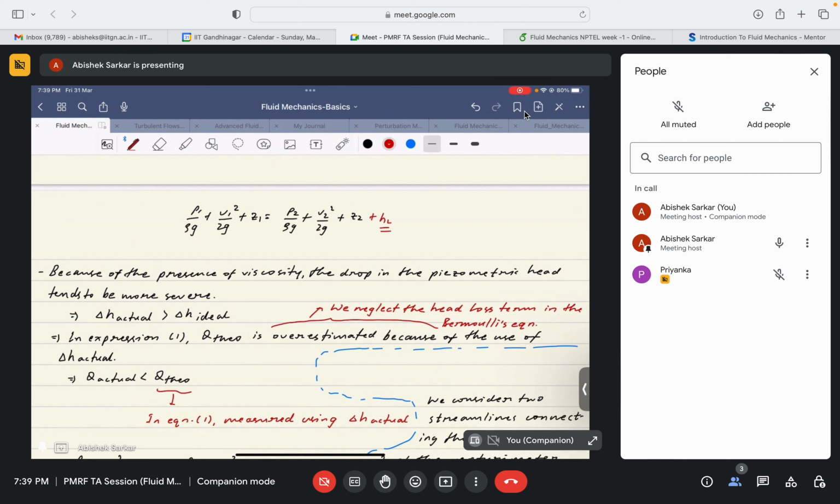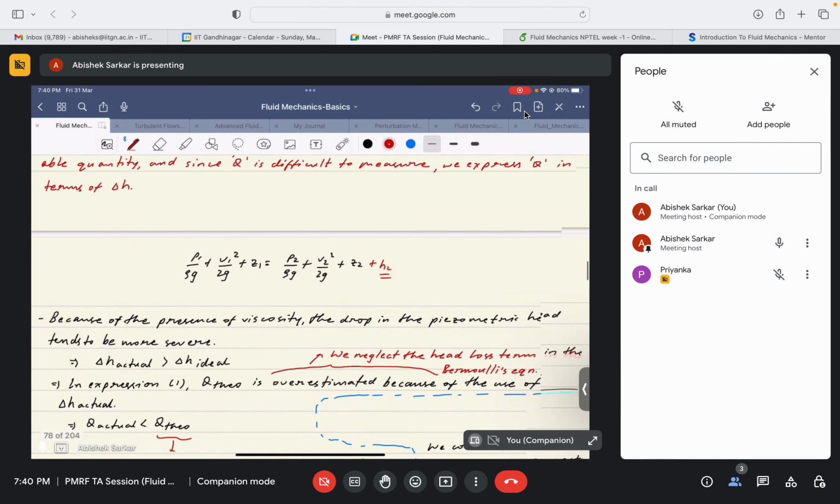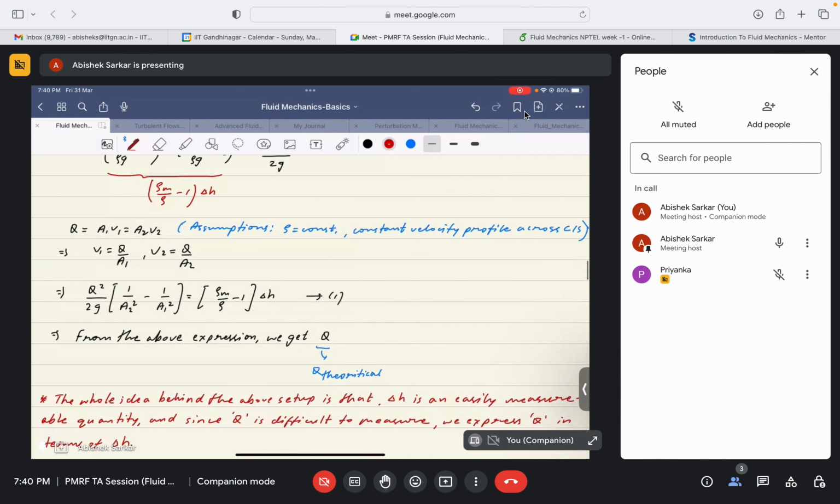Yes, sir. So since we neglect it, the effect of viscosity or the viscous losses is not taken into picture while deriving the equation for the mass flow rate in a venturimeter. The equation that we get does not take into account the losses that one can encounter because of the head loss, because of the viscous loss, right?